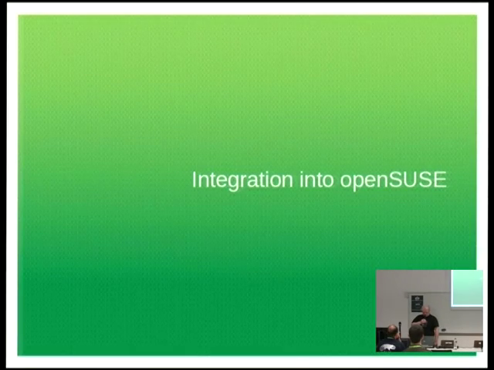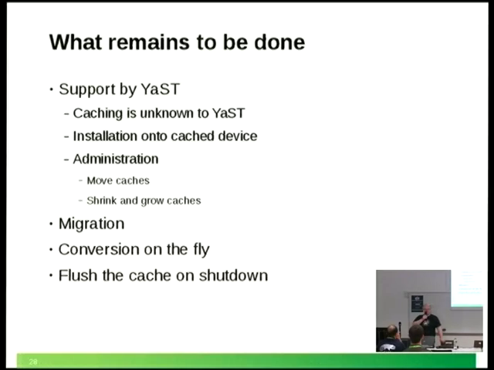So what should we do for the distro? At present, Bcache works in the kernel perfectly. The tools are there, but still a bit buggy. But there is no support at all by Just.